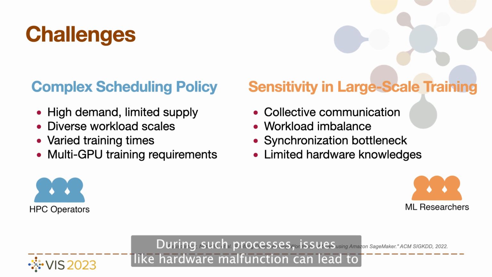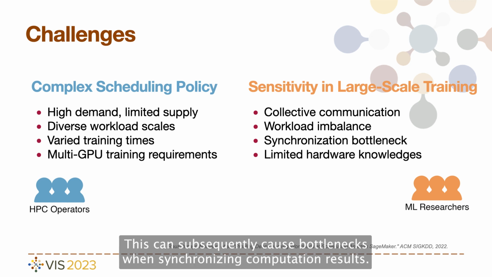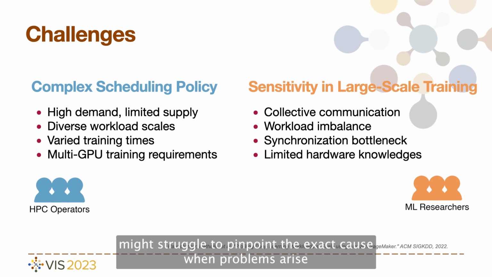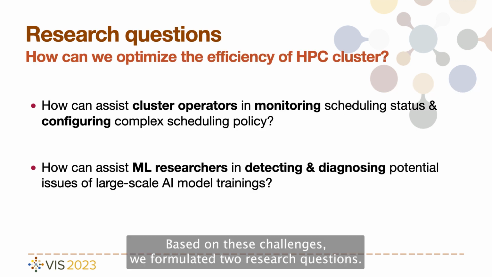During such processes, issues like hardware malfunction can lead to an uneven distribution of workload across individual GPUs. This can subsequently cause bottlenecks when synchronizing computation results. Furthermore, most researchers, whose primary focus is on model research, might struggle to pinpoint the exact cause when problems arise in distributed training.